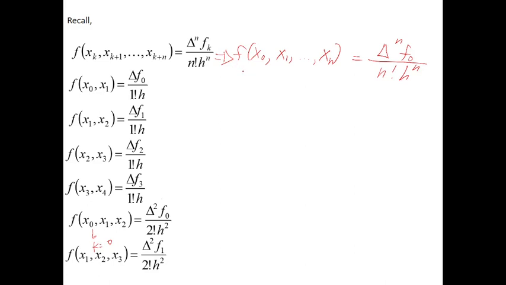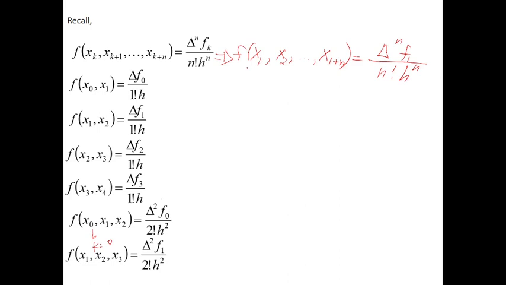So ano na siya, no? Ang k natin ay 1. So 1 plus n. Ayan. Ang k natin ay 1. 1 plus n. Okay? So pag gaganon, ang k natin ay 1. Delta to the n, f sub 1. Okay? N factorial, h to the power of n.